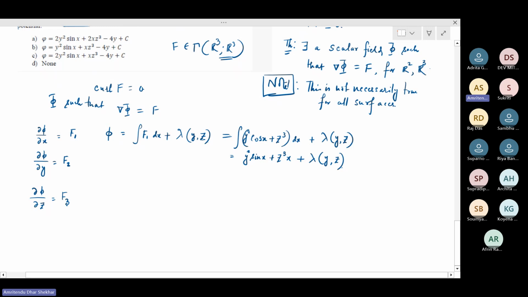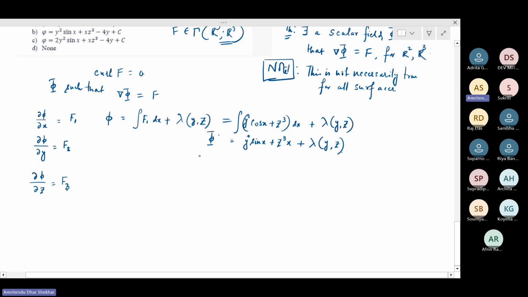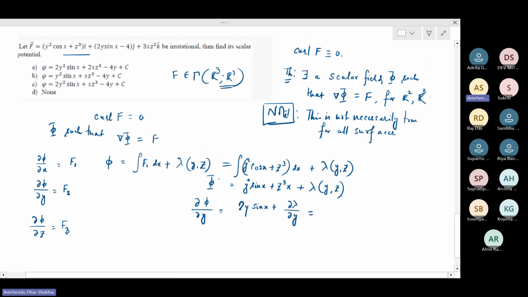So what you can do is take partial derivatives. You have phi over here. If you take del phi upon del y, you get 2y sine x, plus 0, plus del lambda upon del y, which you can equate to f2.